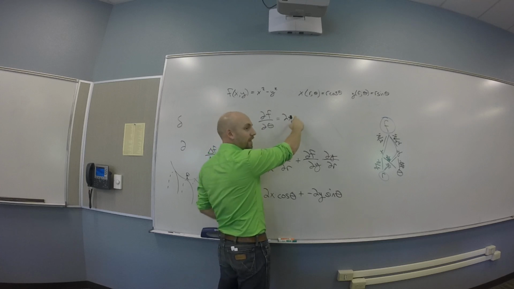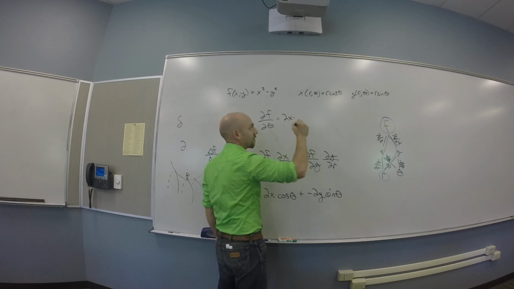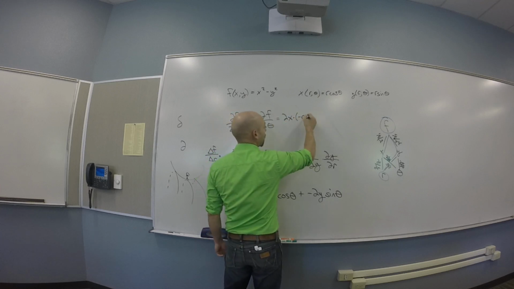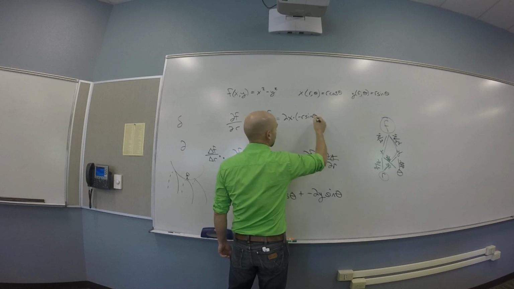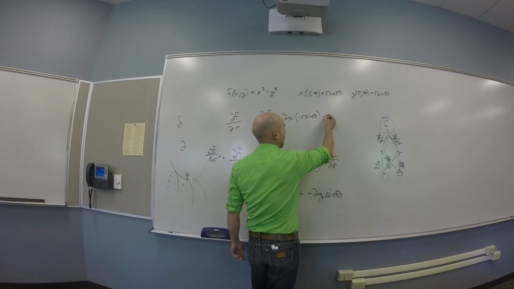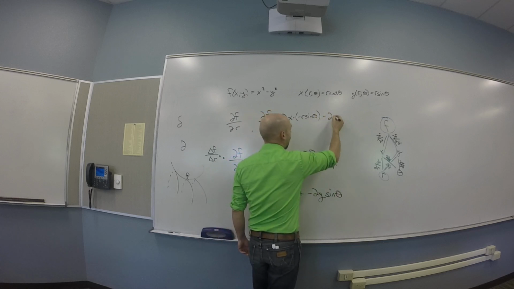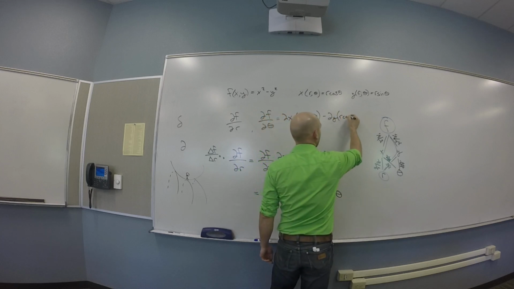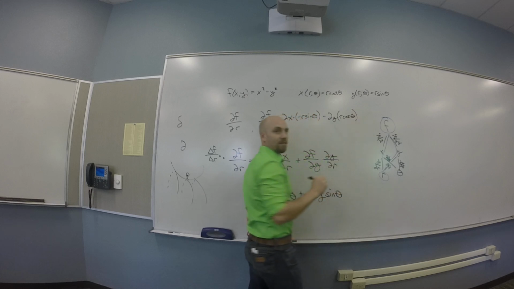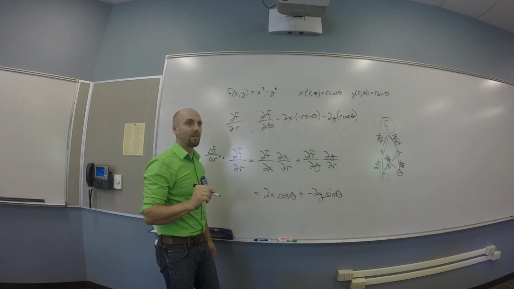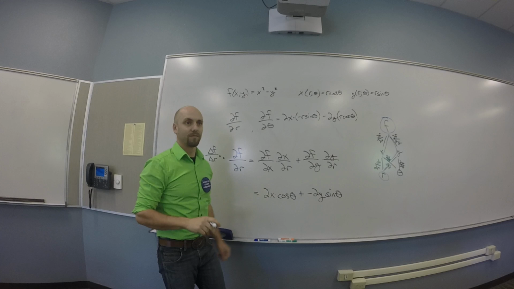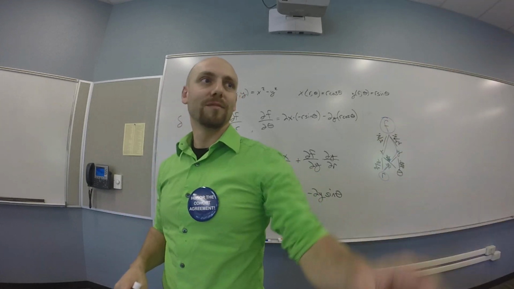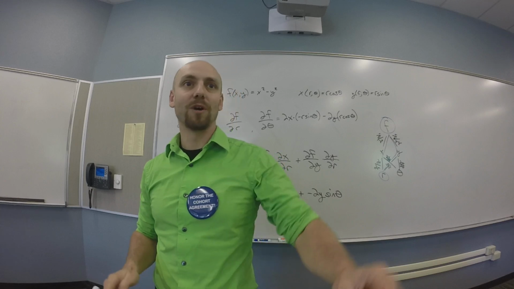And then you should get negative r sine theta, times a minus r sine theta. And then you need a minus 2y times r cosine theta. That was the problem. That was my problem. And then you get negative 2, and then you get some stuff, because it's a minus 2y. Told you, sign error. That's what all your guys' mistakes are for the most part.